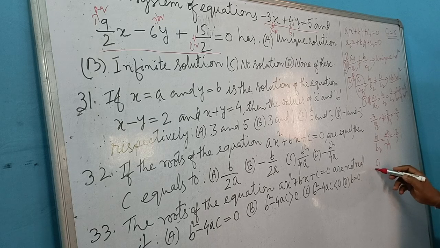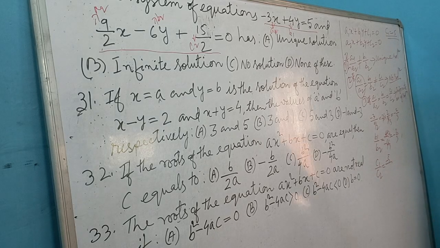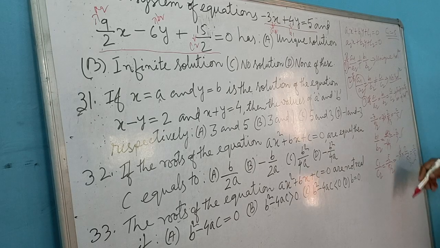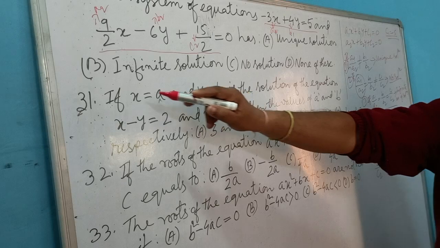So c1/c2 is minus 5 divided by c2, which is 15/2. Writing the fraction reciprocally, 2/15, 5 ones are 5, 5 threes are 15. So it is minus 2/3. That means all the ratios a1/a2, b1/b2, c1/c2 are equal. It satisfies the third condition, so it has infinite number of solutions. So option B is the correct one.